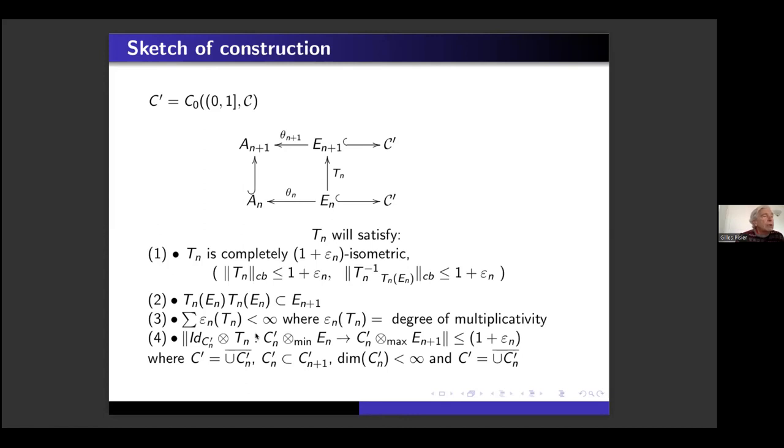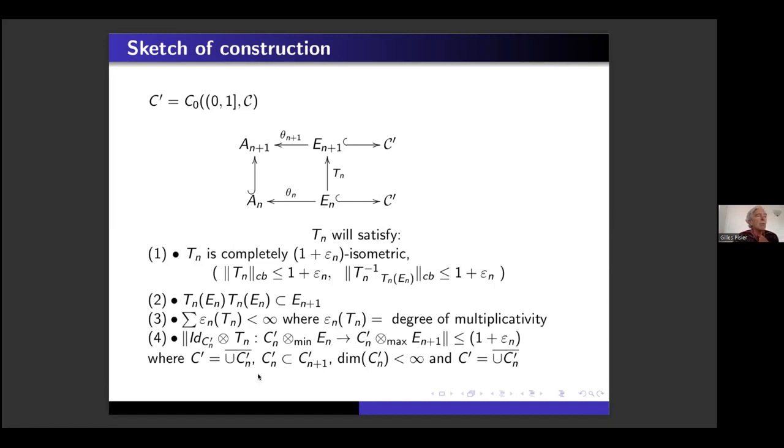And the third condition, I couldn't explain this, it would take too much time, is that the map Tn will also be approximately multiplicative, but with a rate that will have to increase very, very fast in such a way that we produce a C-star algebra as the inductive limit. And this C-star algebra is going to be nicely WEP if we can do the property number 4.